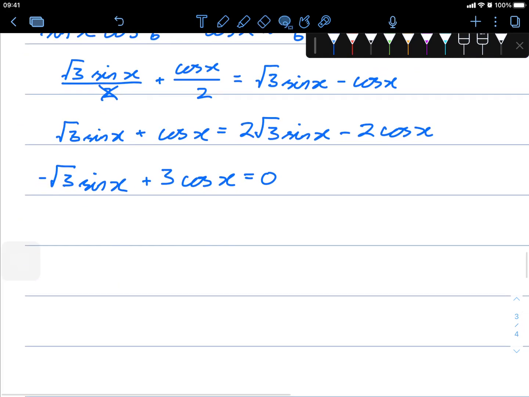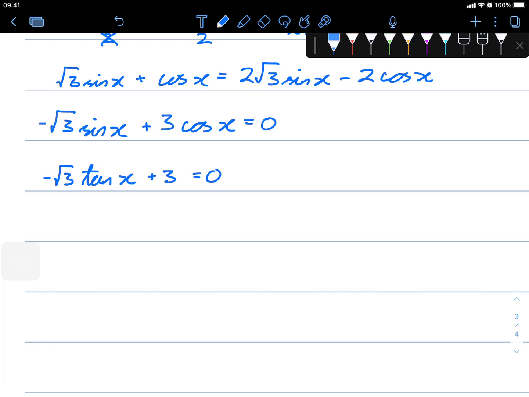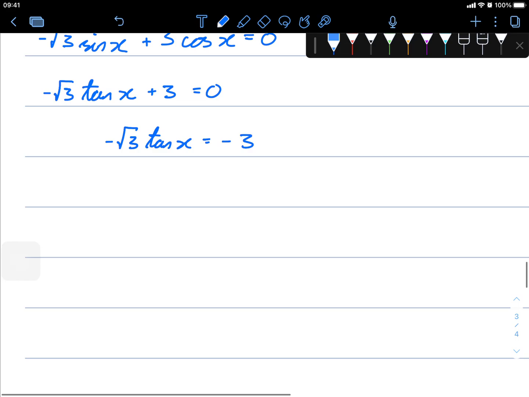And from here, once again, we have sine and cos all equaling 0. Best tip here is just to divide by cos. So we get negative root 3 times tan x. Cos divided by cos is now just that 3 equals 0. Solving this as per usual, moving the 3 to the other side, dividing by negative root 3.